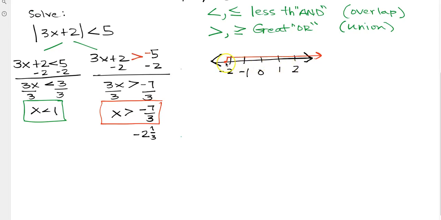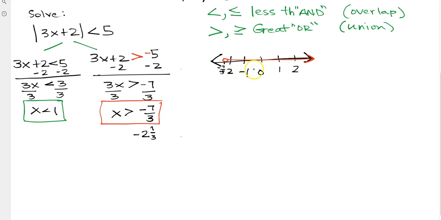Whoops, I put a closed circle there, but it should be open, right? Because it doesn't have the equal to part. Let me see if I can redo that here. And I probably should put in there somewhere that that is really where my -7/3 is, right? Okay, so open circle there, and then everything to the right.